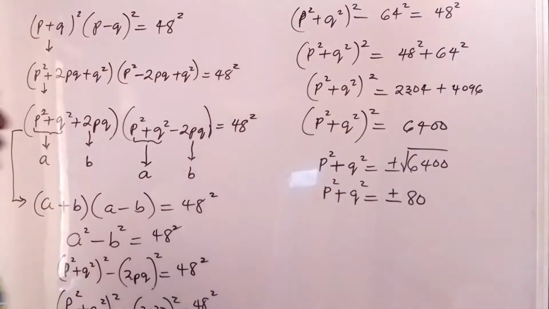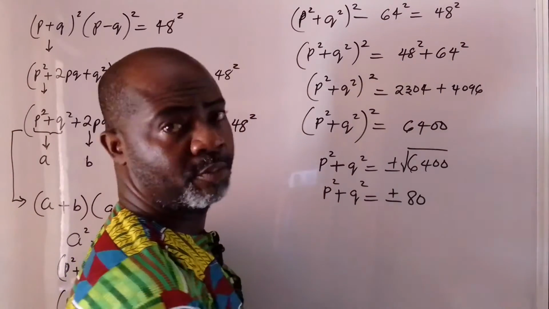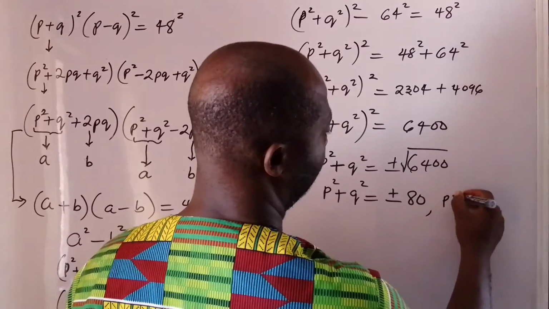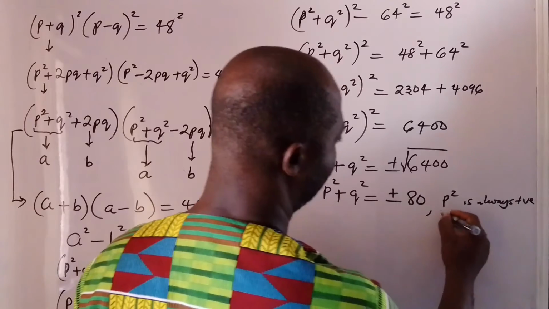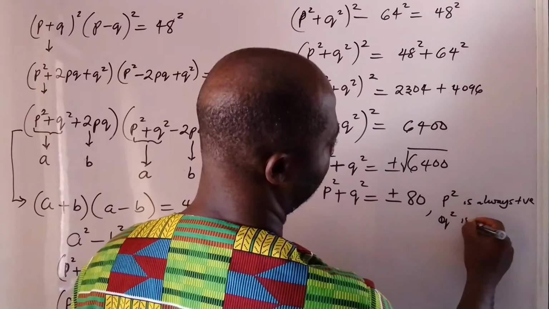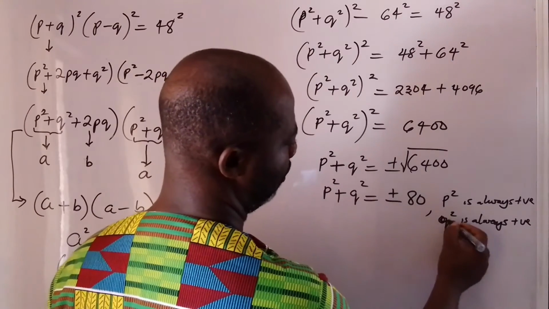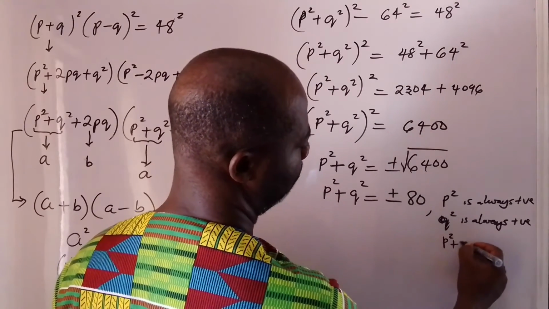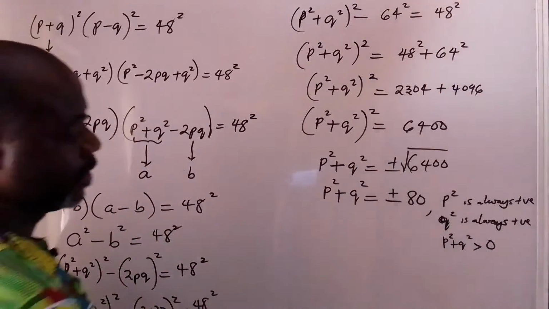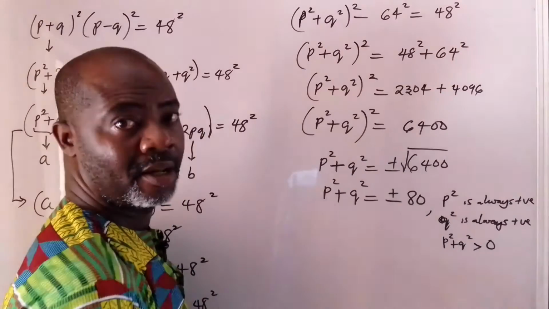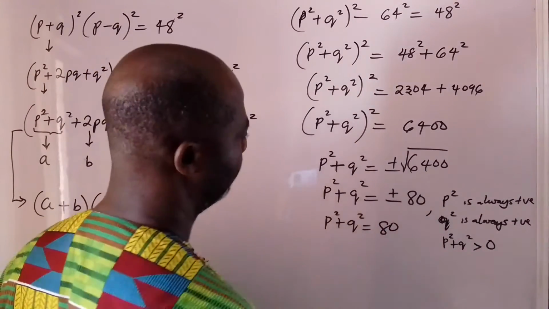But you see, p squared is always positive, and the same thing with q squared is always positive. If that's the case, p squared plus q squared will be greater than 0, so there is no way for it to be negative. If these conditions are met, p squared plus q squared will be equal to 80.